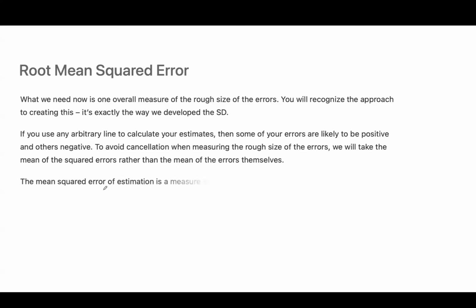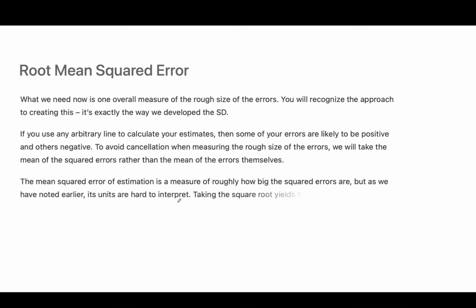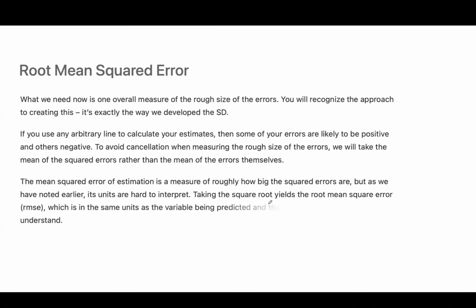The mean squared error of estimation is a measure of roughly how big the squared errors are. But as we have noted earlier, its units are hard to interpret. We're going to take the square root, so we get the exact same unit as the variables. Perfect.